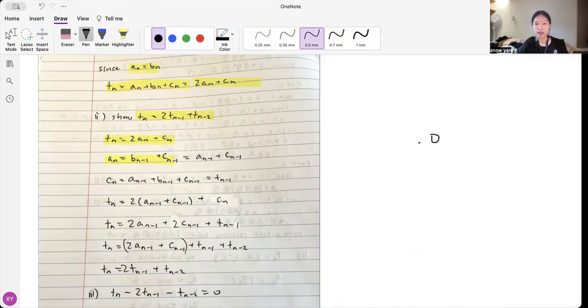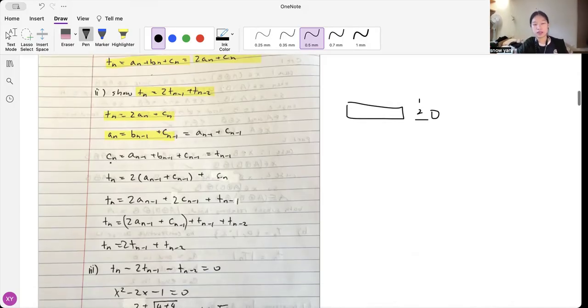So I have this case where I have a valid sequence over here, and in order to be valid, I can only have 1 or 2. So this is just a sequence of Bn minus 1 plus Cn minus 1, right? So then I know that Bn minus 1 is equivalent to An minus 1. So An is equal to An minus 1 plus Cn minus 1.